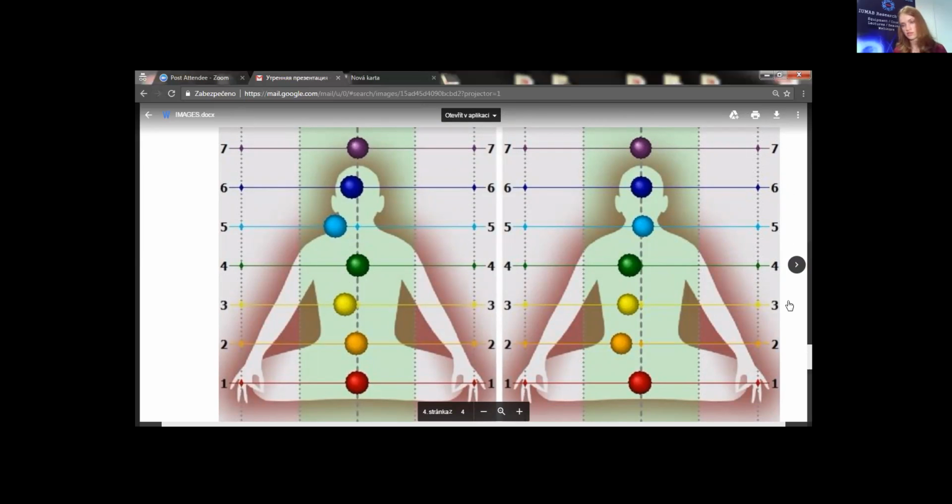So you see that it is a much better situation, and the chakras are closer to each other on the physical and on the psychological level, which is much better because this means that the person is already more sincere with themselves and with the outside world, and is not hiding their emotions anymore. So this is the beginning of harmony with yourself.